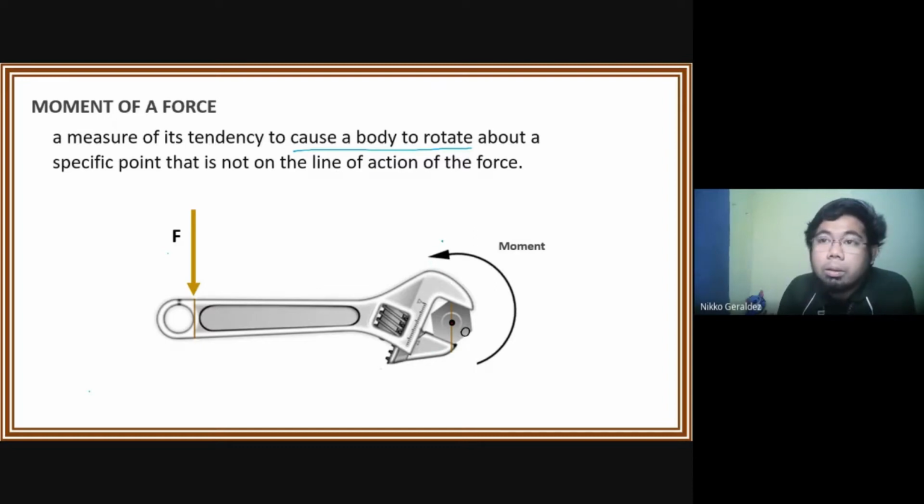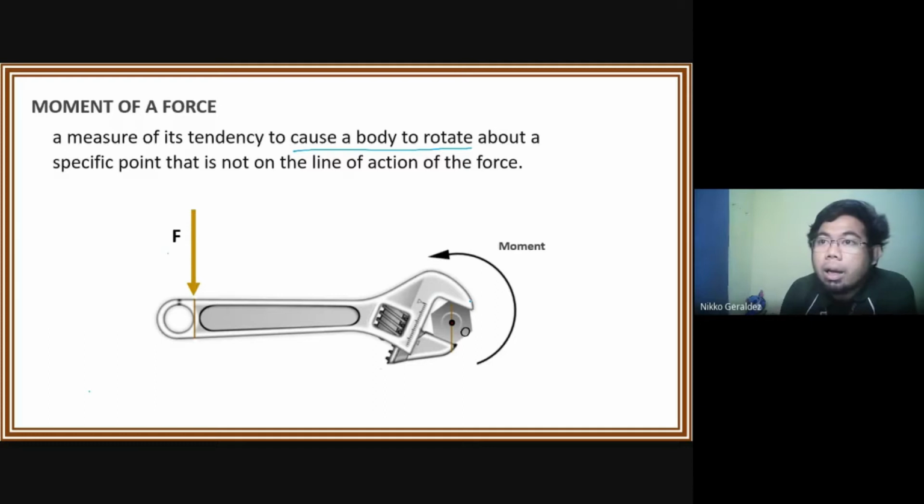Yung direction ng rotation ay counterclockwise. So, tandaan, para magkaroon ka ng moment, kailangan mo ng applied force sa object. Then, sabi sa definition, yung point of rotation ay wala sa line of action ng force.